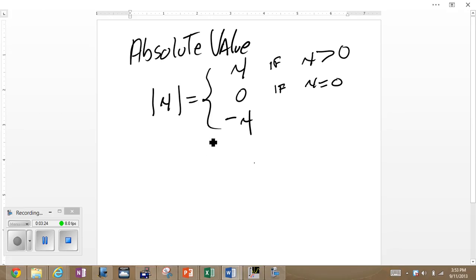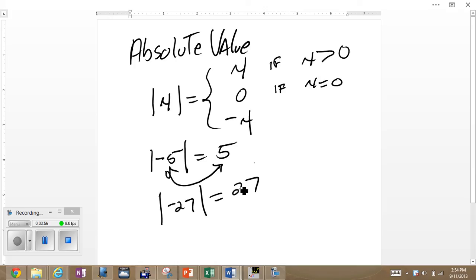Okay? Now, this says, when does the absolute value give back the opposite of what you give it? And again, it's important that you read that. So if I say, okay, the absolute value of -5, well, that's equal to 5, right? We gave it a number and it gave back its opposite. The absolute value of -27 equals 27. We gave it a number and it gave back the opposite.